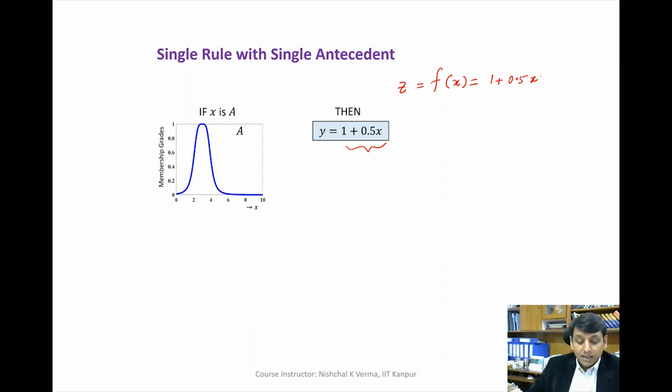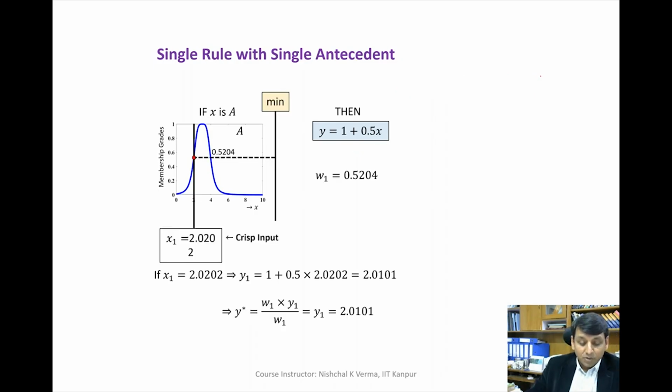So if this is the case, then let us apply the crisp input x1 equal to 2.02020. This is the same input which we applied in the previous category, that was the zero order, and that was again for a single rule with single antecedent.